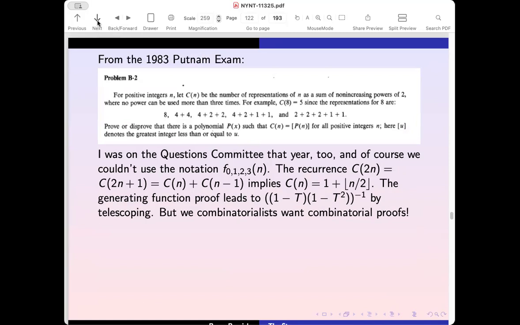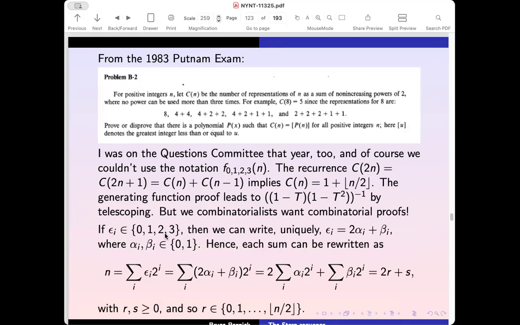Combinatorialists like combinatorial proofs. Since epsilon i is 0, 1, 2, or 3, we can write uniquely epsilon i as 2 alpha i plus beta i. So n becomes twice a number plus another number. How many ways can we do that? Well, R has to be in this set, so that's how you get floor of n over 2 plus 1.